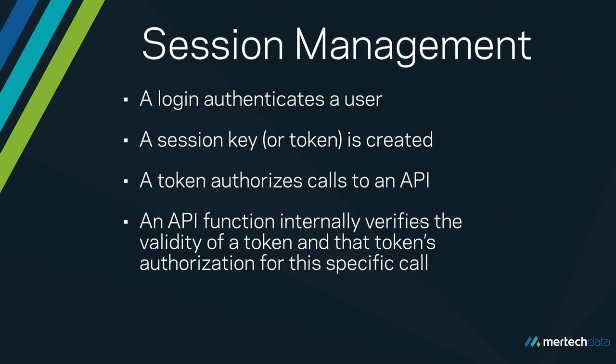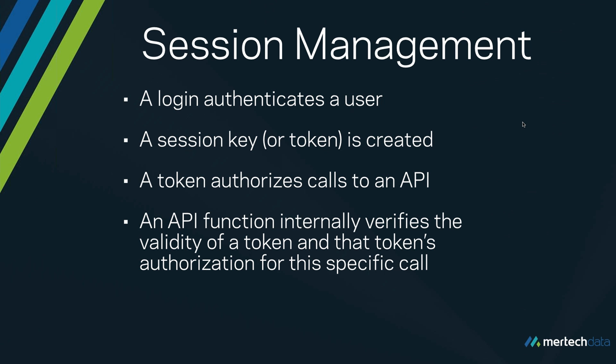Basically, what occurs is on each API call, this session token is going to get passed in and verified for the purpose of verifying that we have a valid session that hasn't expired, for instance, and has rights to call this specific API call as well. So we're going to look at how this sort of thing could be implemented in Evolution.